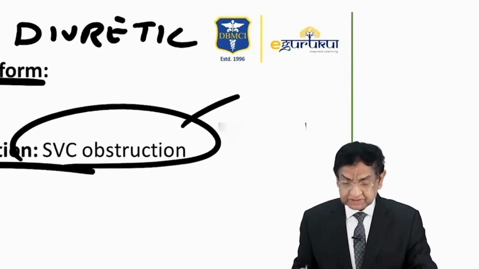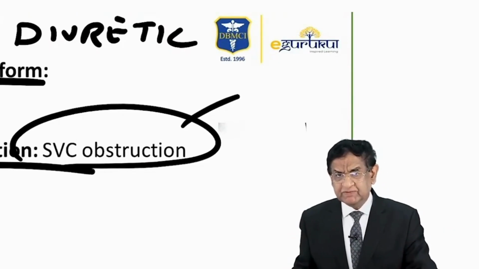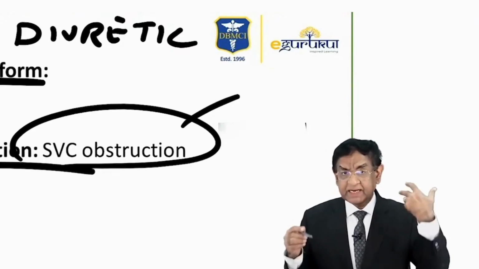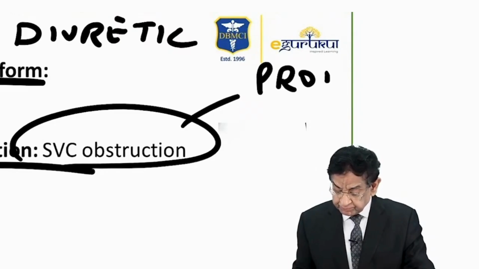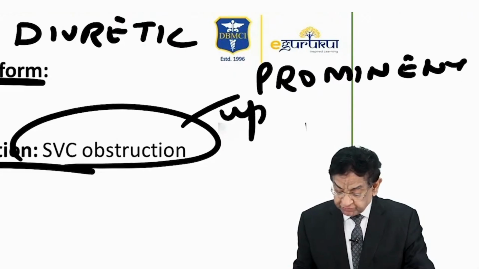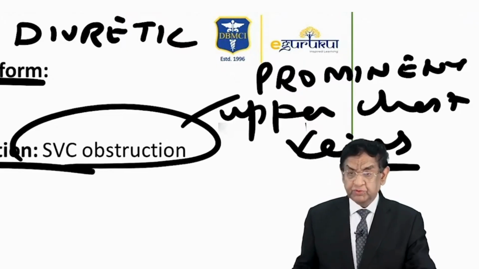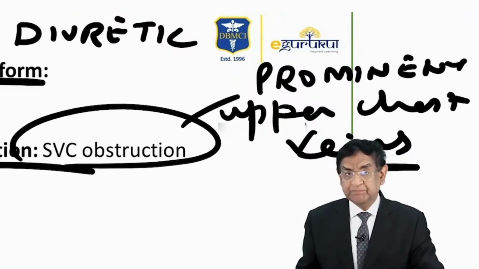Now, whenever this superior vena cava obstruction is there, the additional finding that we will see in these cases, other than the non-pulsatile JVP, will be prominent upper chest veins. You will find the upper chest veins are very prominent, an additional feature by which you can pick up that we are dealing with superior vena cava obstruction.